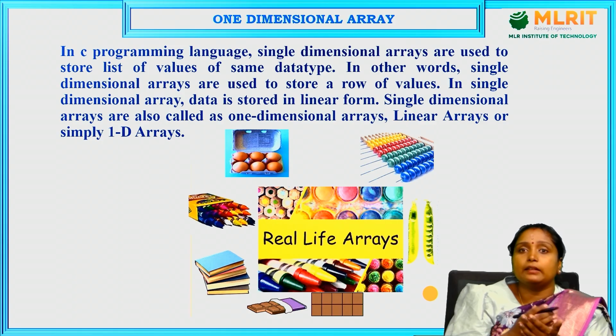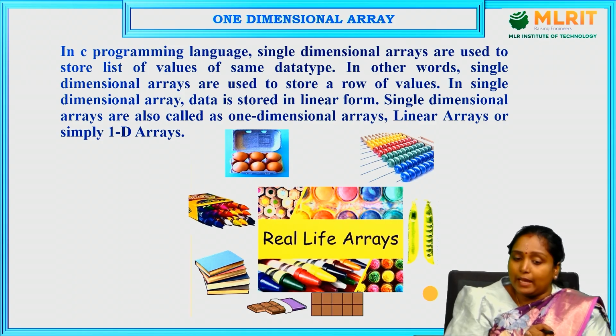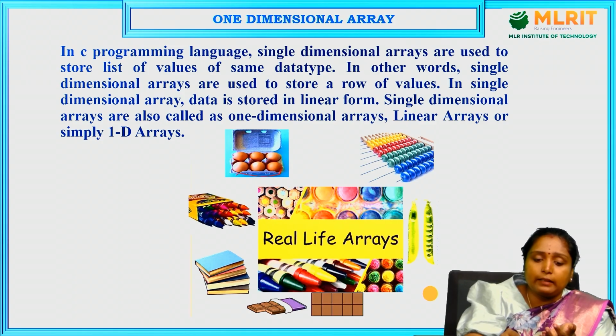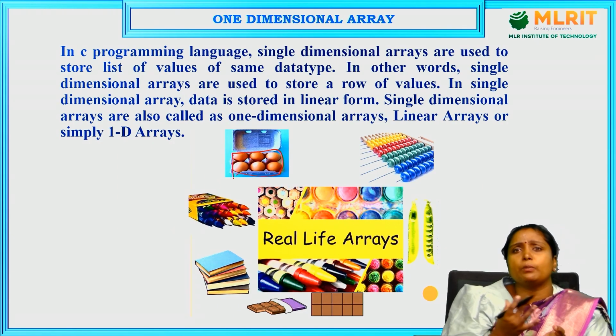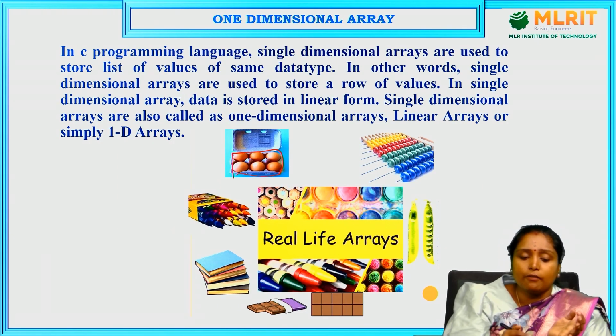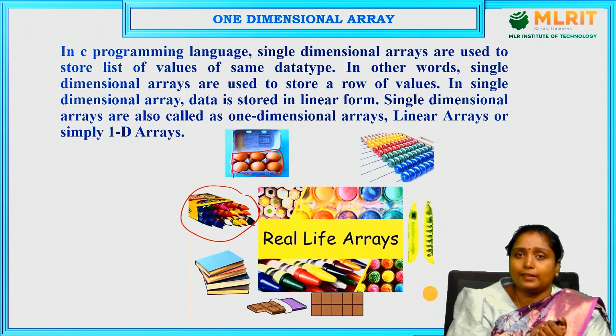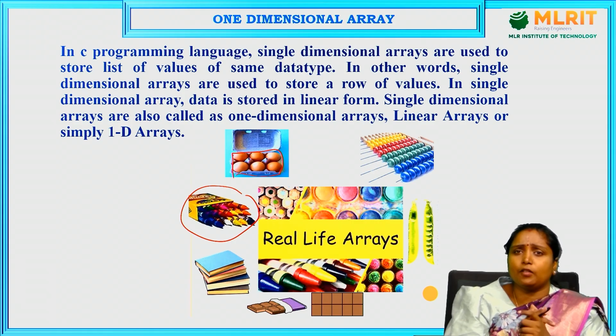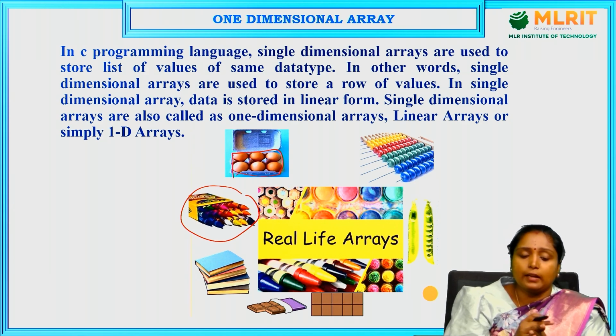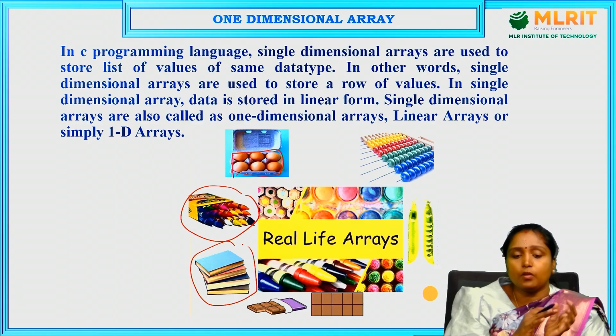Here are some examples of one-dimensional arrays. First, an egg tray consists of a number of eggs of the same type. A pencil box or a crayon box consists of the same type of crayons, right? In a bookshelf, you will have all the books.